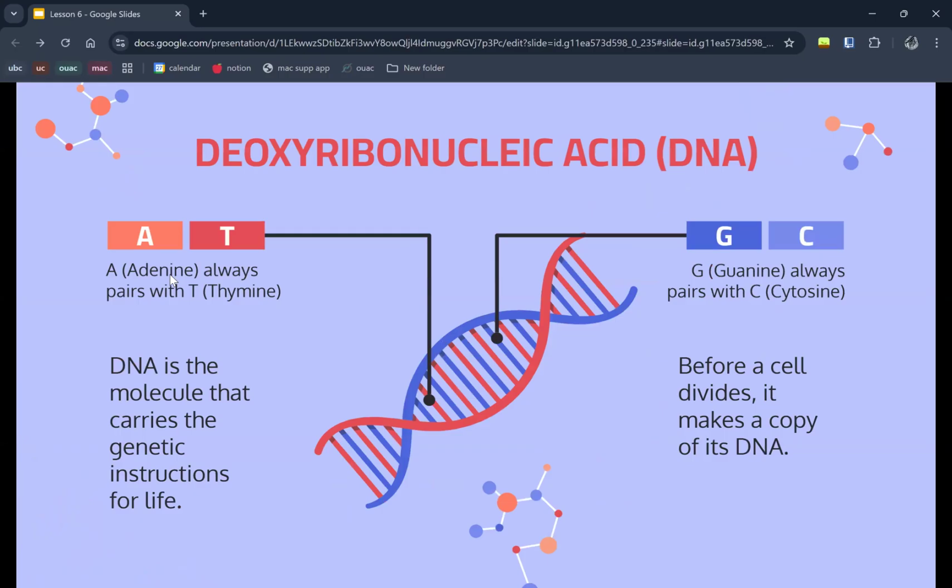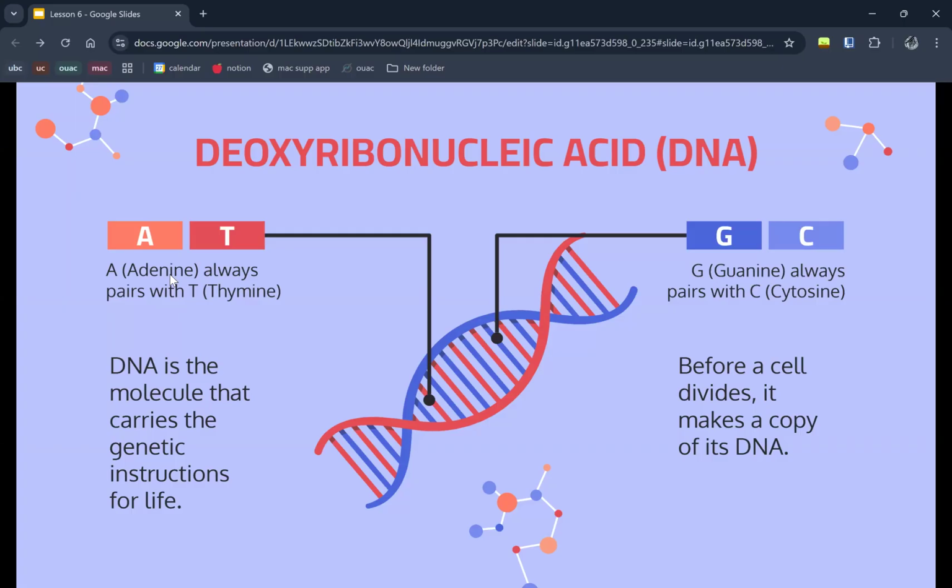And then looking broader, DNA. So what is DNA? The full name for DNA is deoxyribonucleic acid, as you can see spelled on the top. It is the molecule that carries all the genetic instructions for life and teaches cells how to build and maintain an organism. We can see the structure of DNA in this simple diagram.